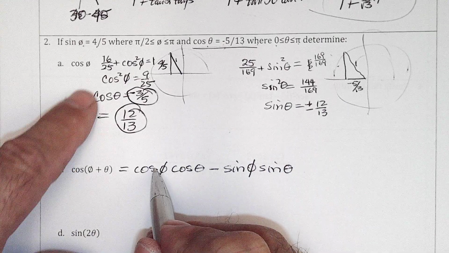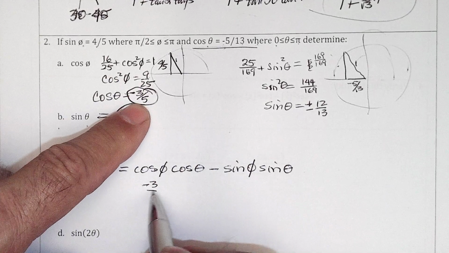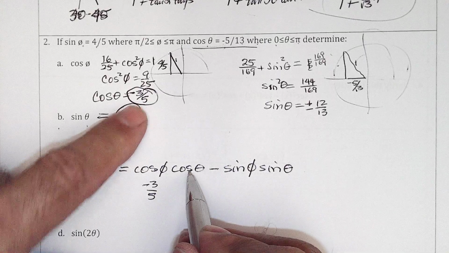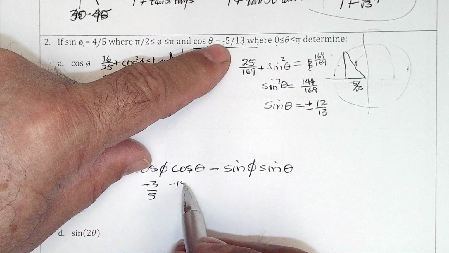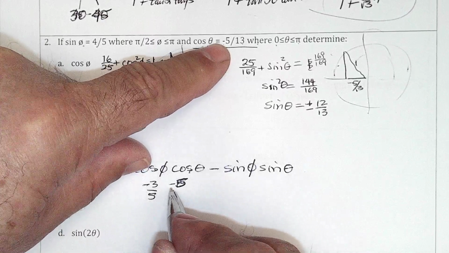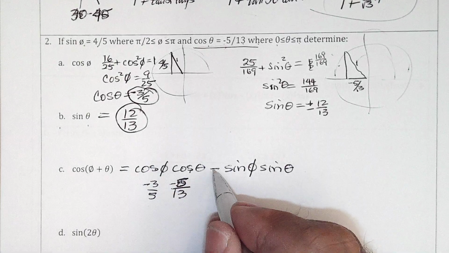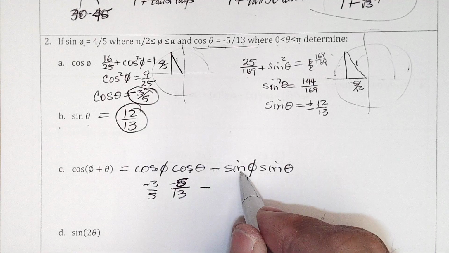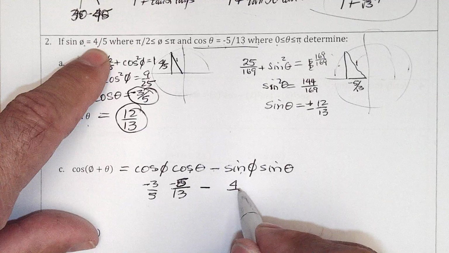Cosine of the first is negative 3/5. Cosine of the second was negative 5/13, minus sine of the first is 4/5.